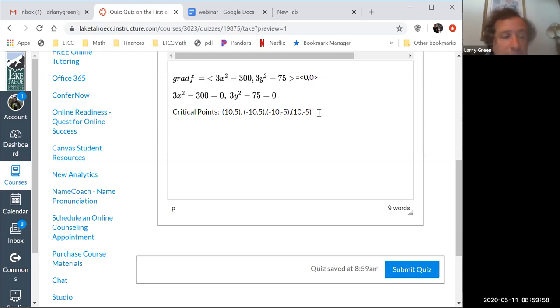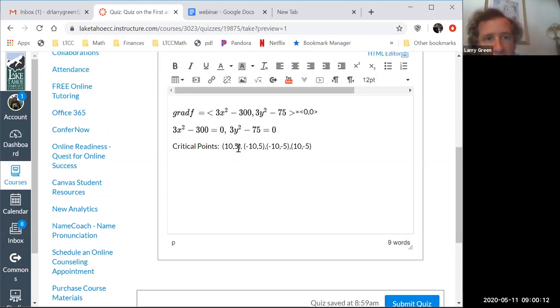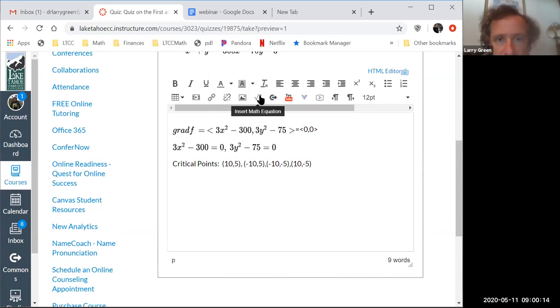From that we can find what the book calls D, which is the determinant of the Hessian. To do that, we find all of the partial derivatives and put them in a matrix. So let's go and do that. Let's make a matrix out of it. I'm just going to use a table, I think that's the easiest way.